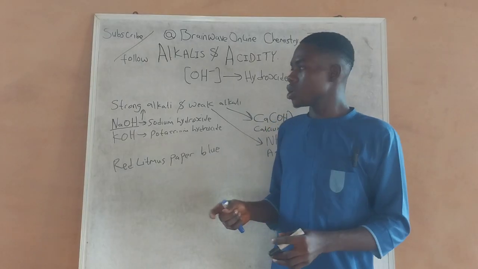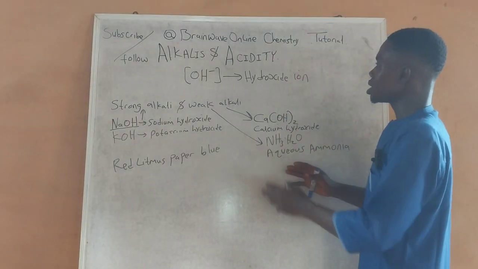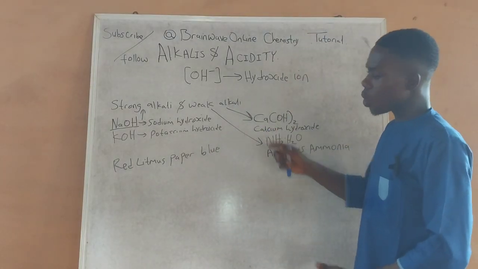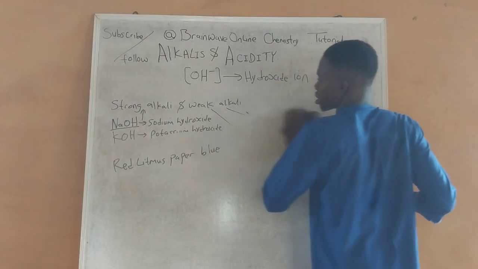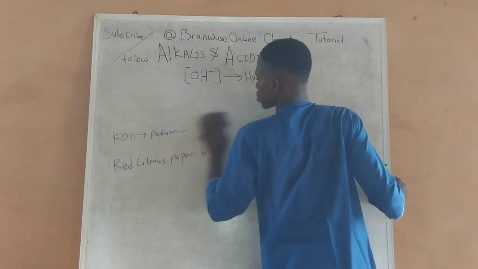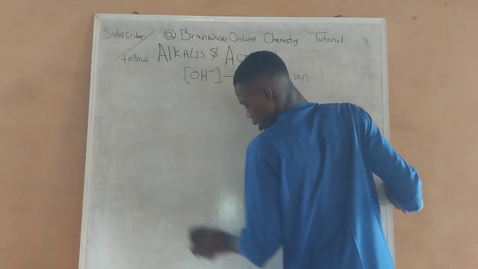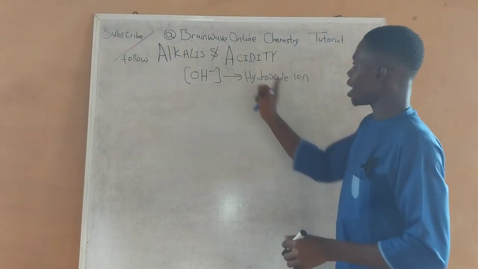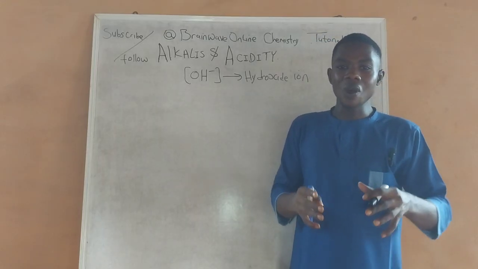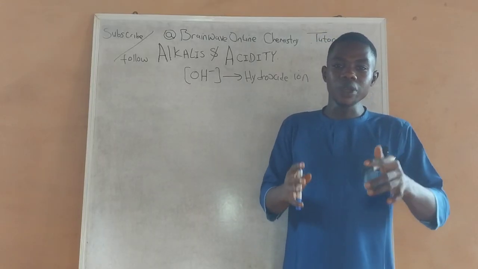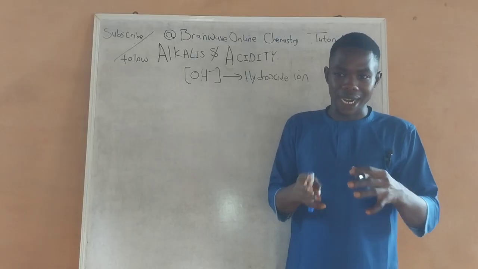So let's continue. Now let's move straight away to acidity. Acidity is the number of replaceable hydroxide ion in one molecule of an alkaline.